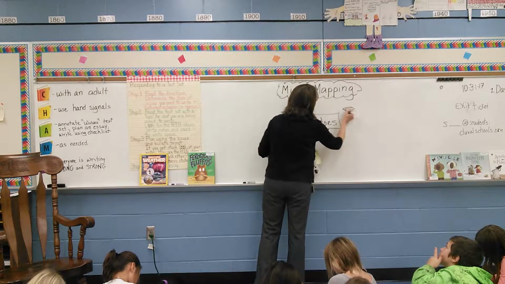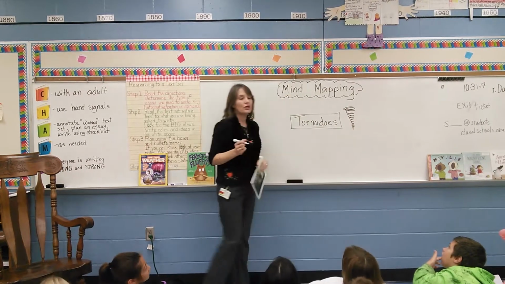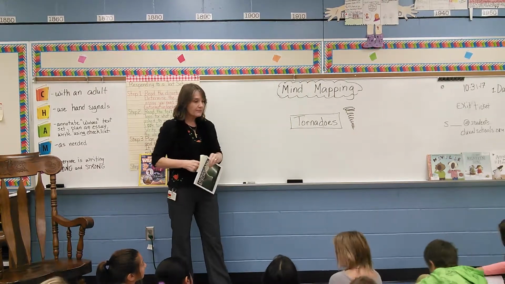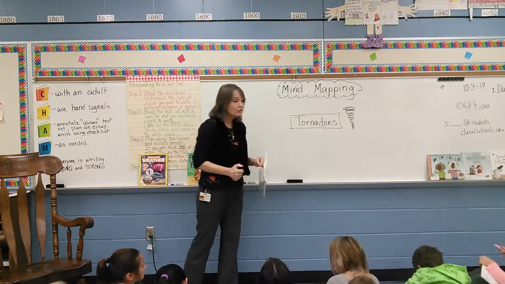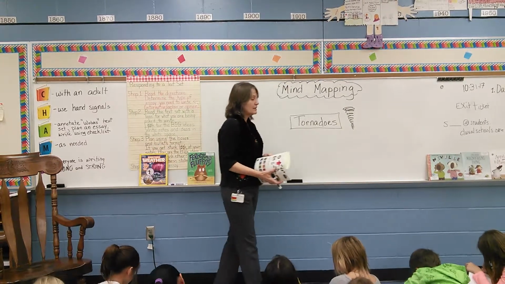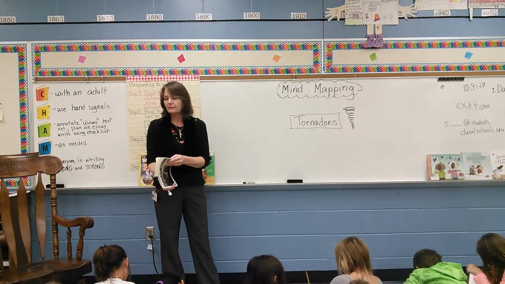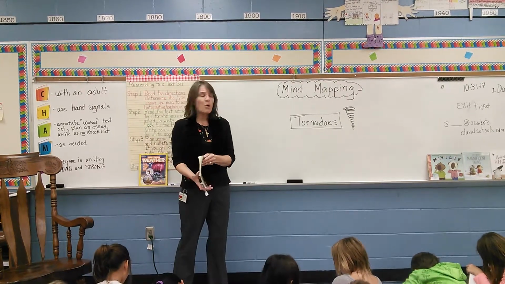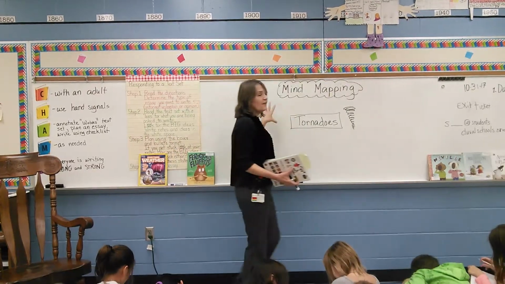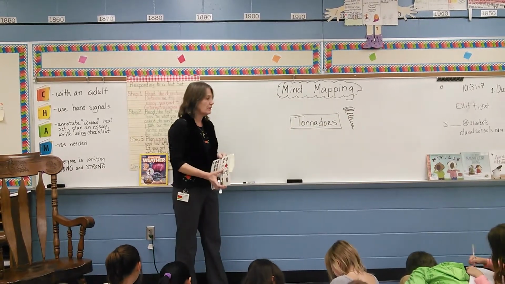You can also, if you're artistic, draw a picture. I am not artistic at all, so I would tend not to draw a picture, but I might draw some symbols, or I might just make some notes, abbreviations, just to help me to remember. And why we do that is because then you can find the information you're looking for if your mind map gets really crowded.